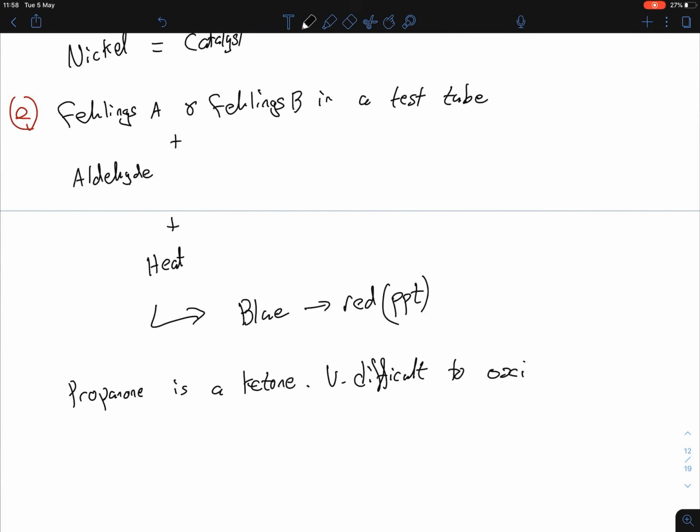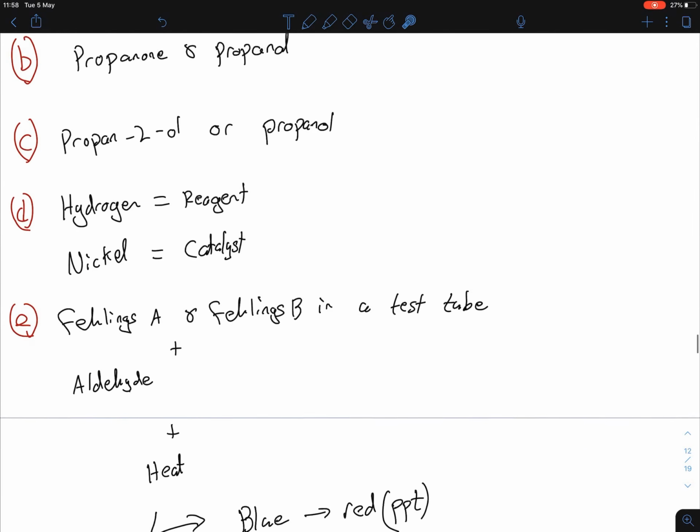That's all you have to say. So therefore, our Fehling's A and B are oxidizing agents. They'll work for aldehydes, because you're going from an aldehyde just to a carboxylic acid, but they won't work for ketones.